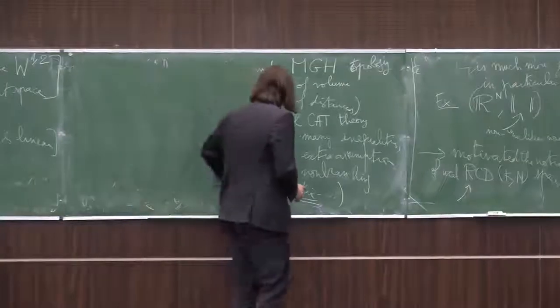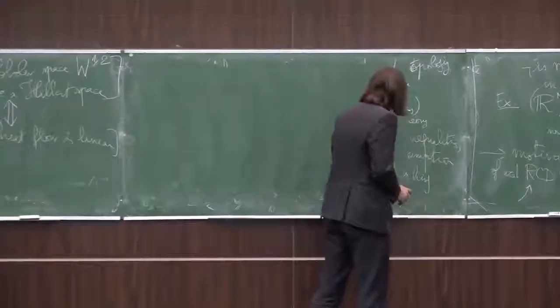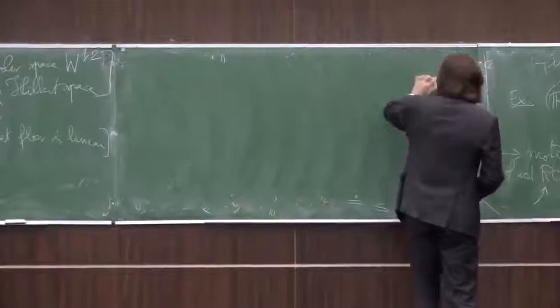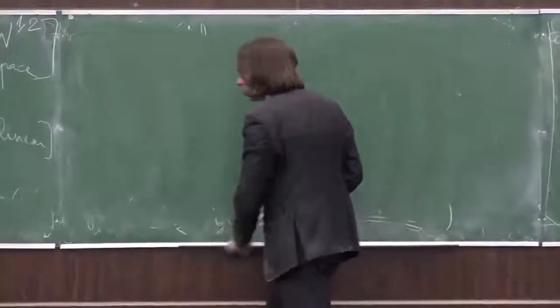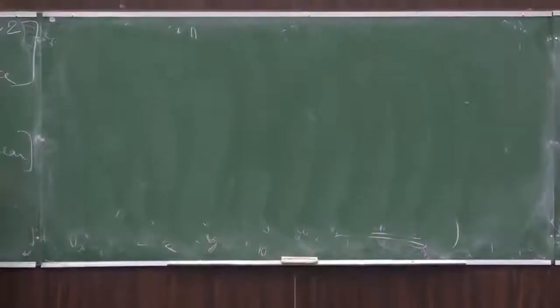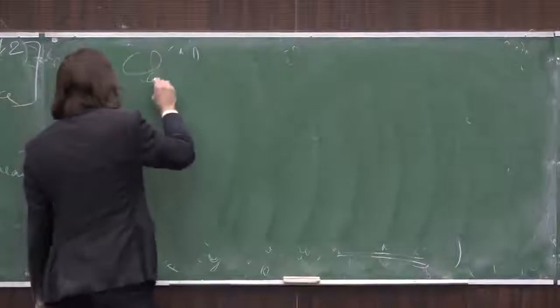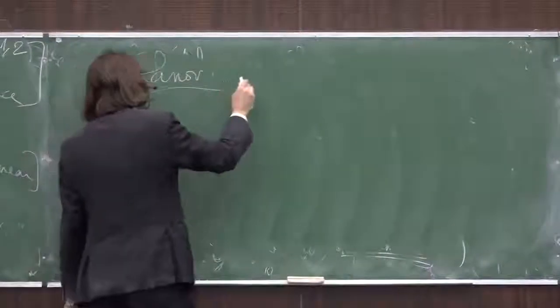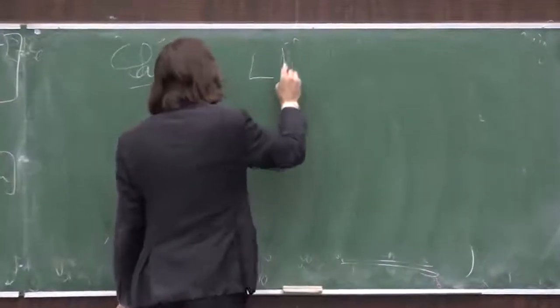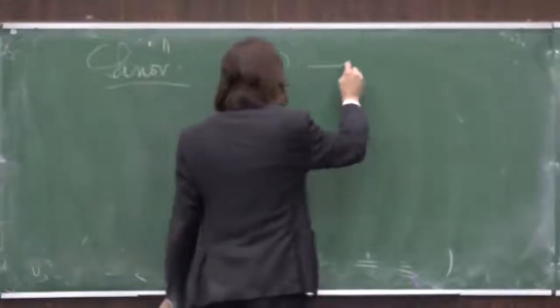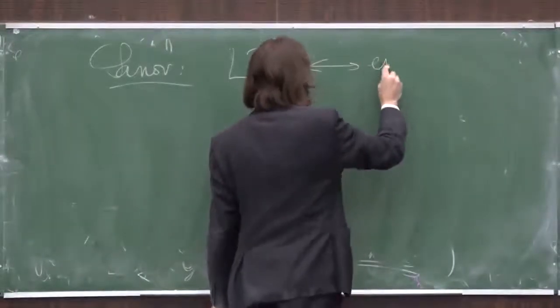One is the relation to the heat equation. As I told you, in the Sanov theorem, there was a relation between the large deviation theory and the entropy.